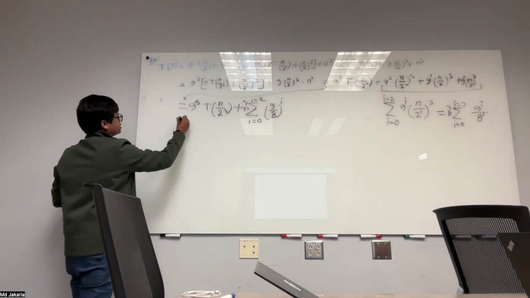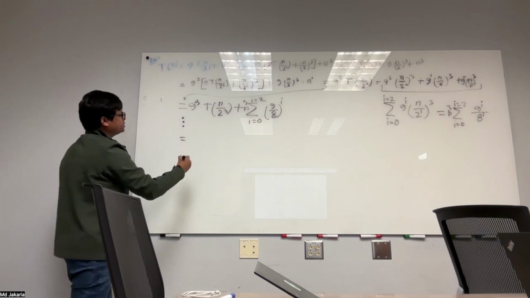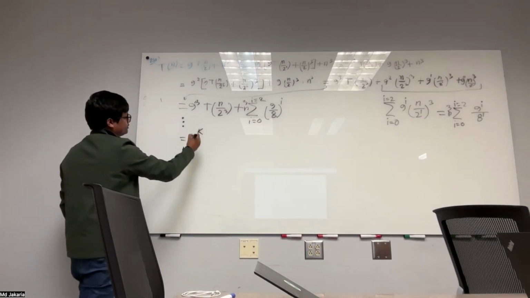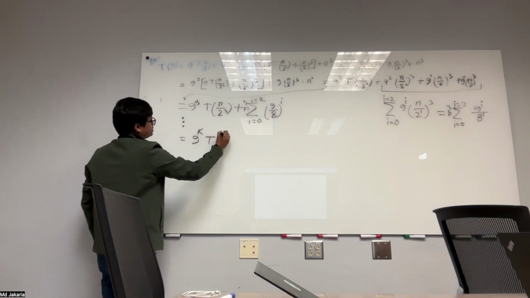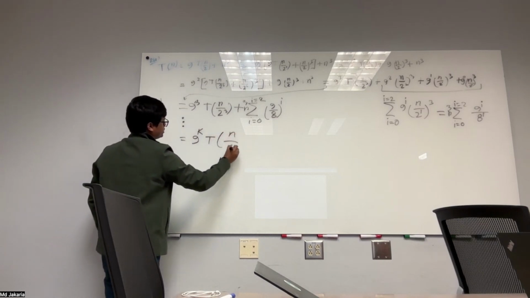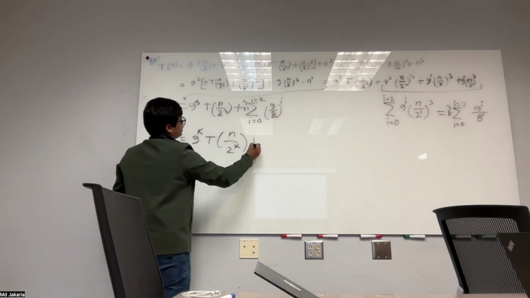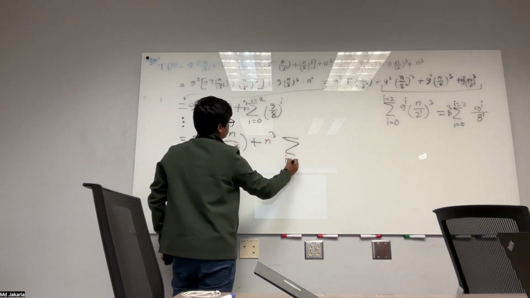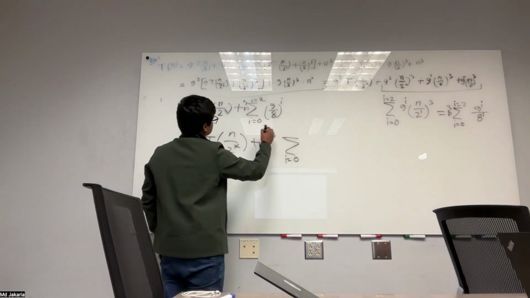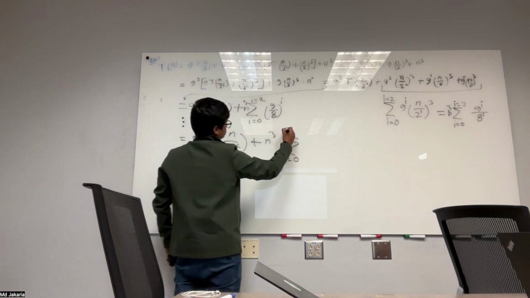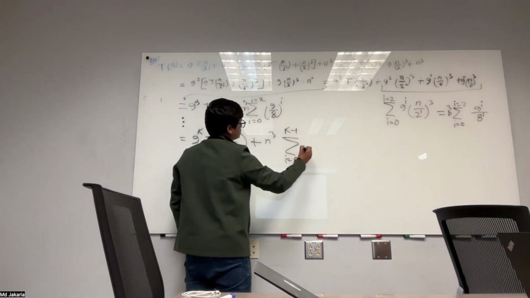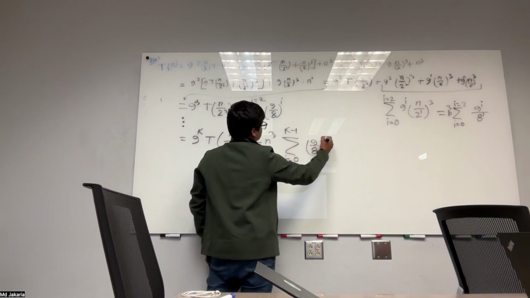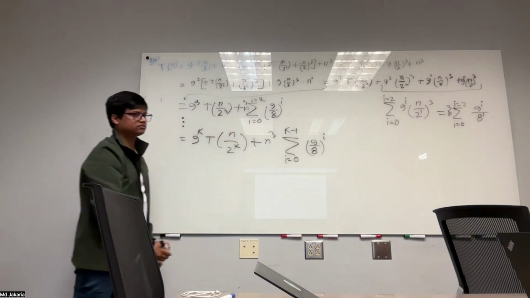If we want to expand it up to k times, we will get 9 raised to k, n over 2 raised to k, plus n cube sum over i equals 0 to, so for 3 this is 2, so this will be k minus 1, 9 by 8 to the i, right?